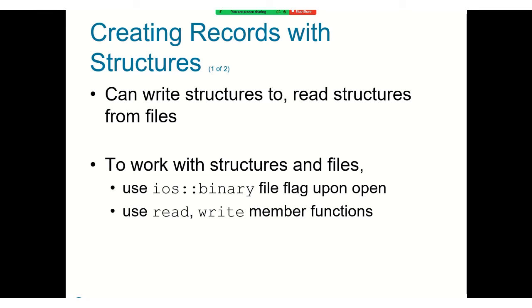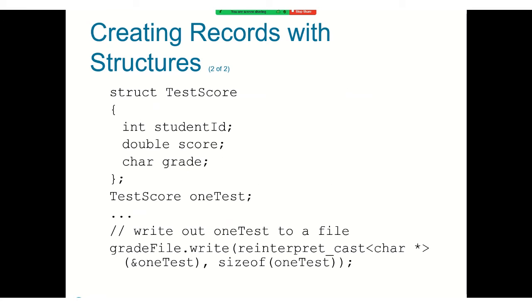In the past week, we uploaded that video and discussed it. When you create a record with a structure, structs are not ASCII characters. So you have to store a struct in the binary format, and you have to use the read and write member functions. Let's see how they do it.